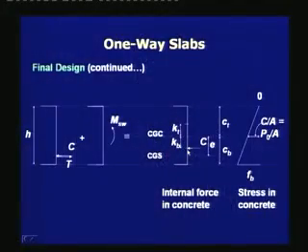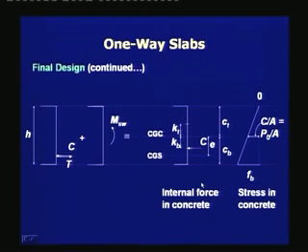The lowest possible location of C, that means the minimum that C has to travel up from the location of CGS, is up to the bottom kern point, which is at a distance kb from the CGC. And here e is the distance between the CGC and CGS.